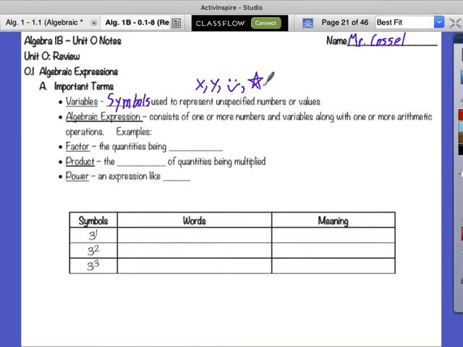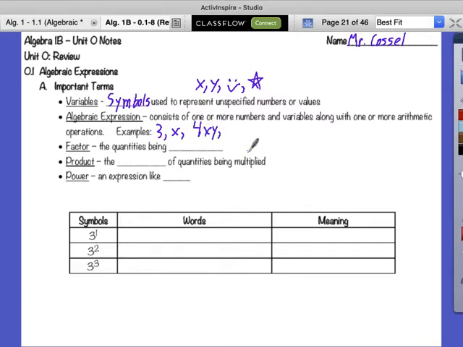Okay? So here's some examples of some algebraic expressions that consist of one or more numbers or variables, along with one or more arithmetic operations. So an example could just be 3. 3 is a number. It's one number as an expression, algebraic expression. It could be x. It's a variable. One variable is an algebraic expression. It could be 4xy. They're multiplying together.